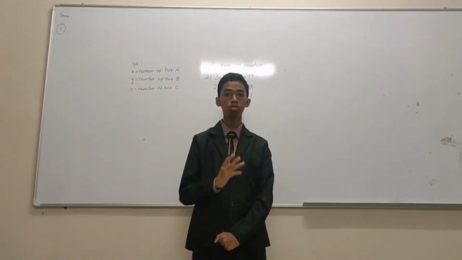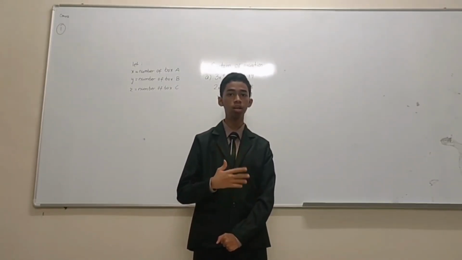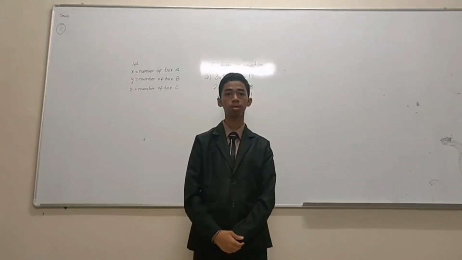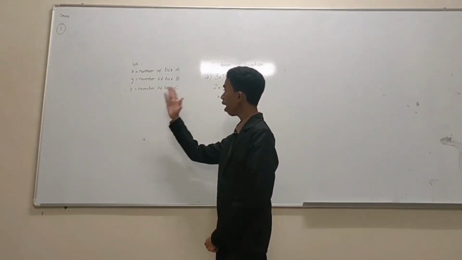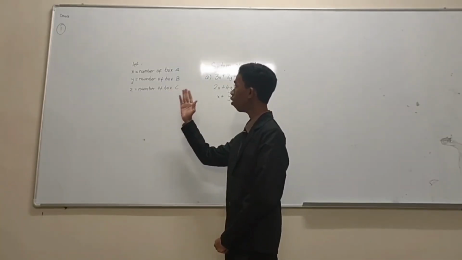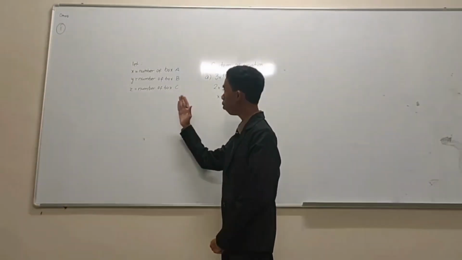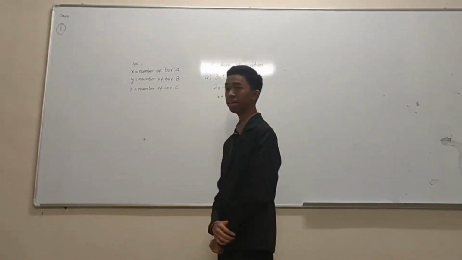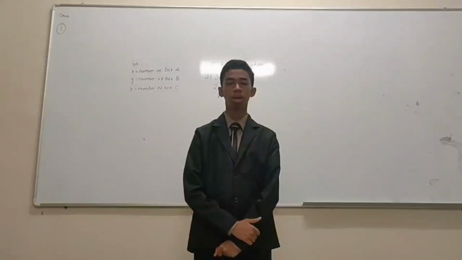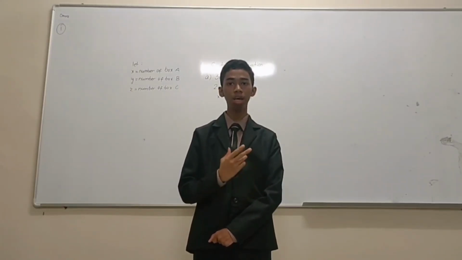So, we need to translate this information into mathematical equations. We let x equal the number of box A, y equal the number of box B, and z equal the number of box C. From the material, we form three equations.